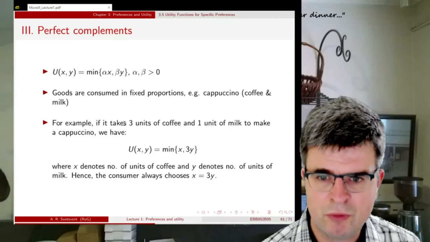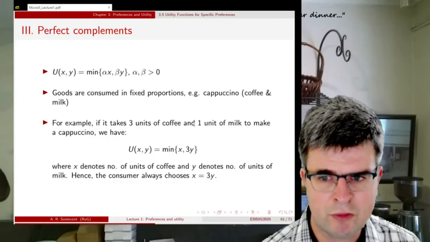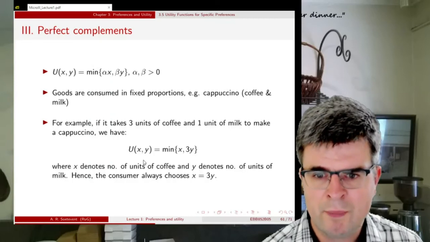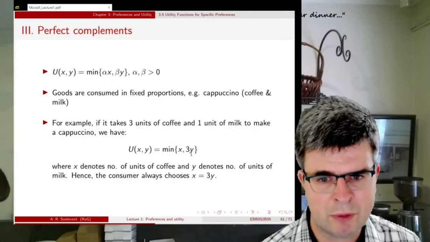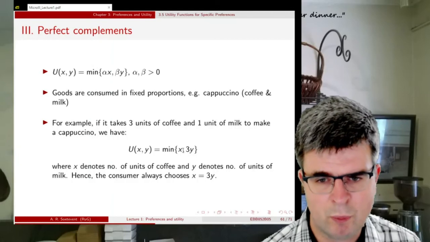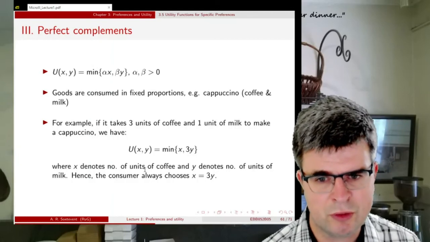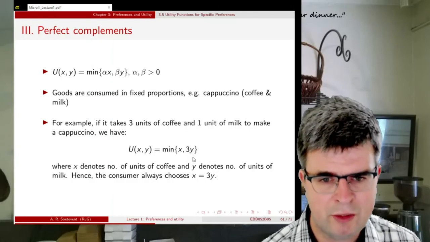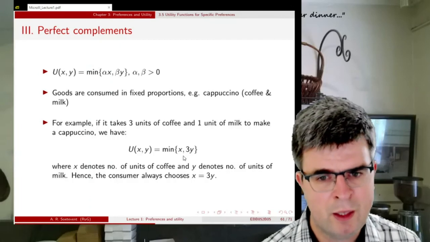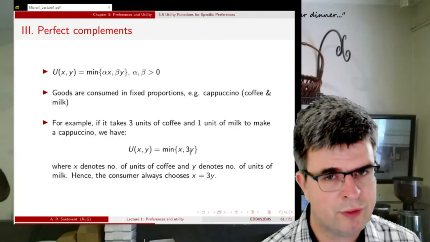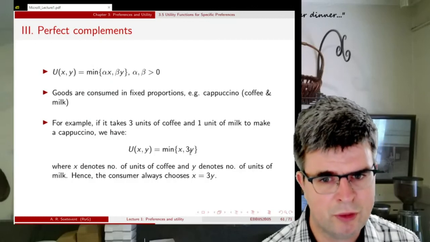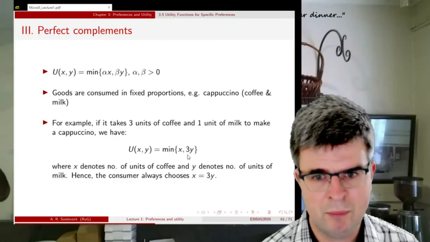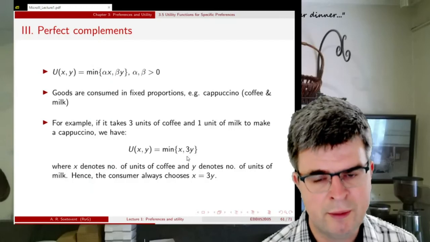So for example, if you have 3 units of coffee and 1 unit of milk to make a cappuccino, then your utility function will be the minimum of x or 3 times y, with x denoting the number of units of coffee and y denoting the number of units of milk, meaning that if you have 3 units of coffee and 1 unit of milk, you can brew 1 cappuccino, which gives you a utility of 3.